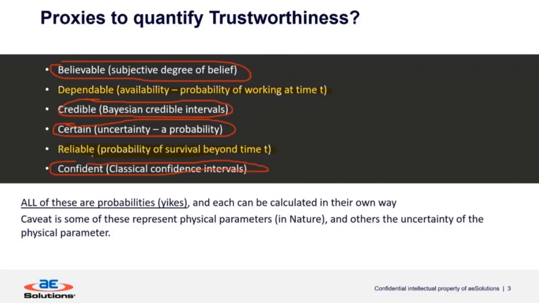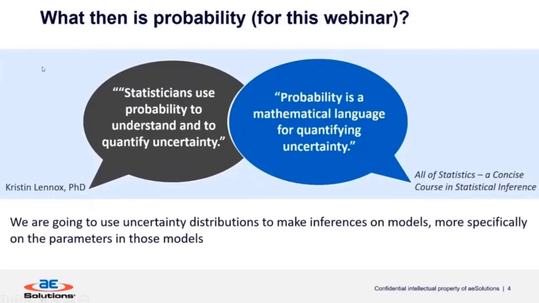Okay, so let me now define probability specifically for our discussion today, and just very quickly here, statisticians use probability to understand and to quantify uncertainty. That's one quote here.